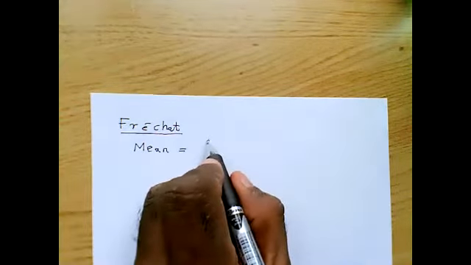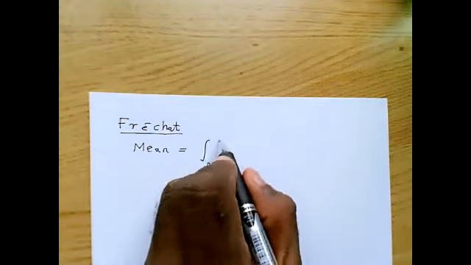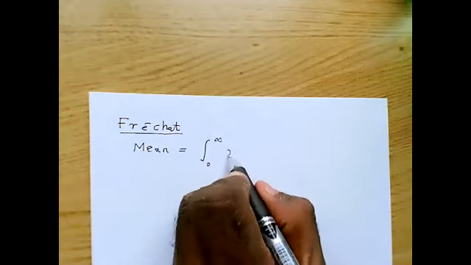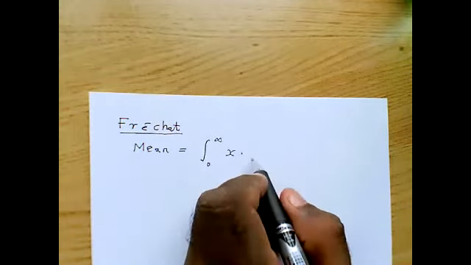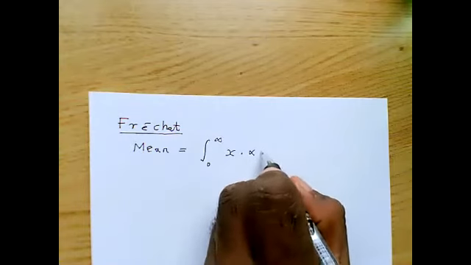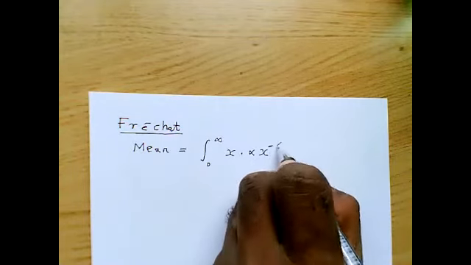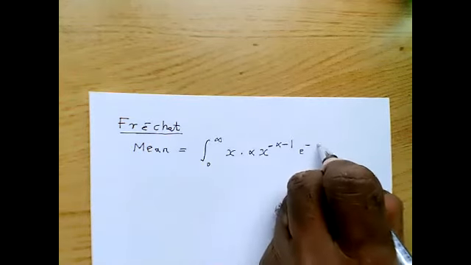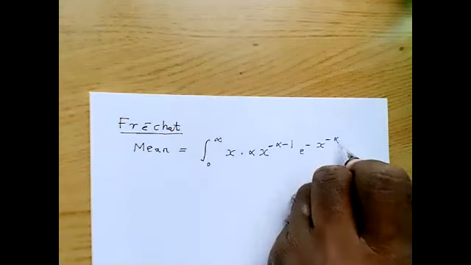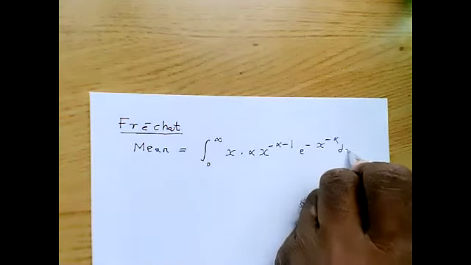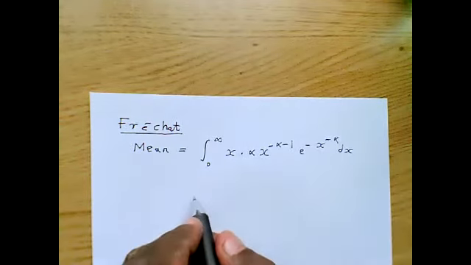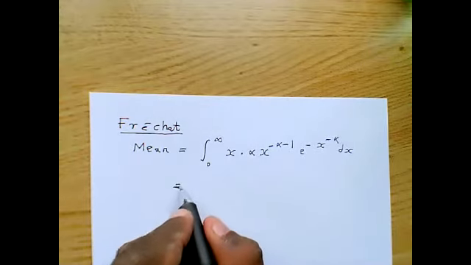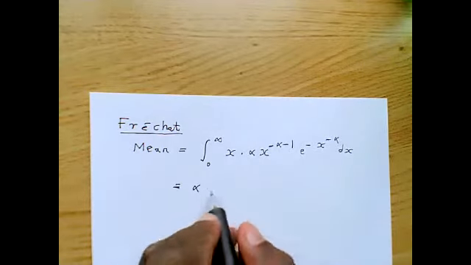For the Fréchet type, the mean is going to be the integral from 0 to infinity of x times the density function, which is, okay. Now this you can write as, you can pull alpha outside.